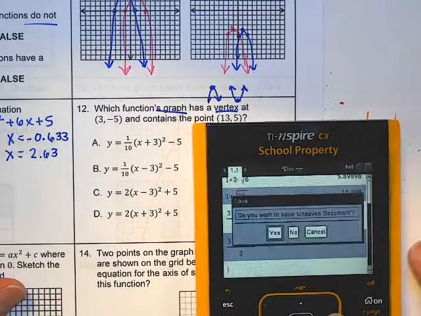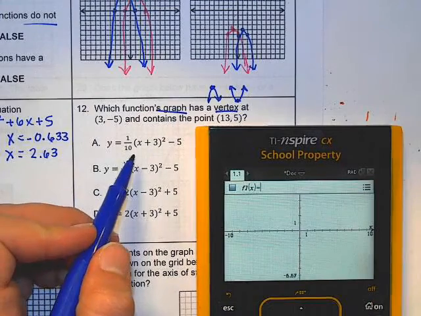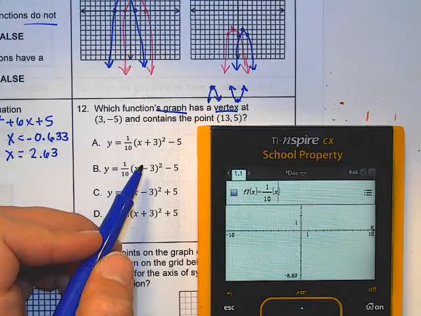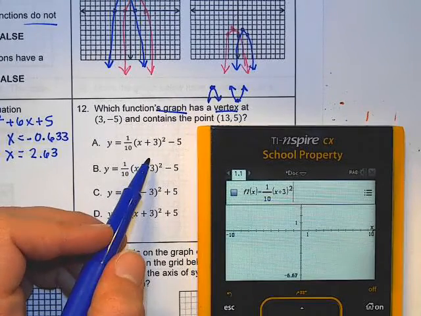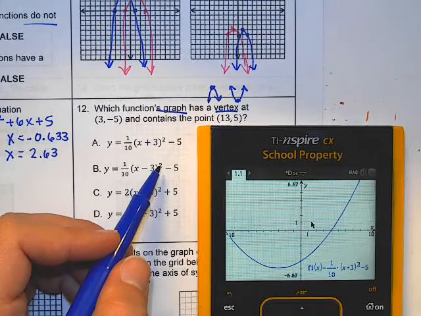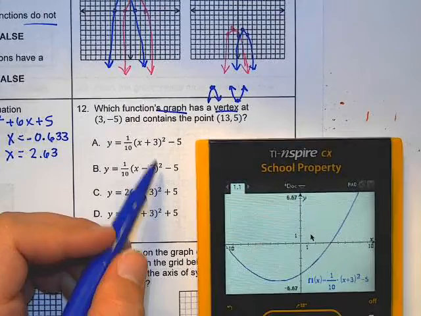So, all right, I'm going to graph answer choice A. Control divide 1/10 times x plus 3 squared minus 5. Okay, so let's go.